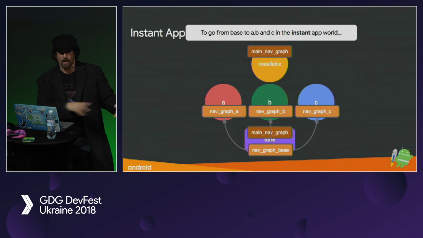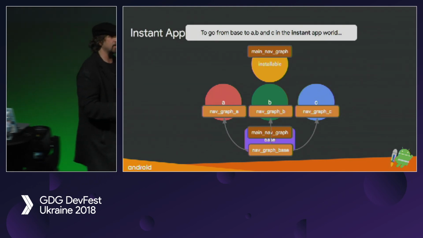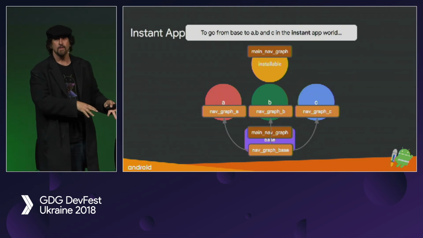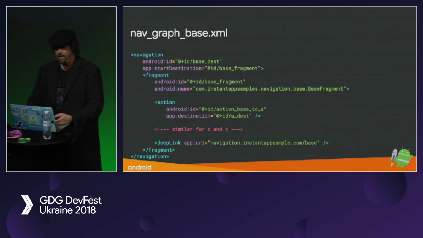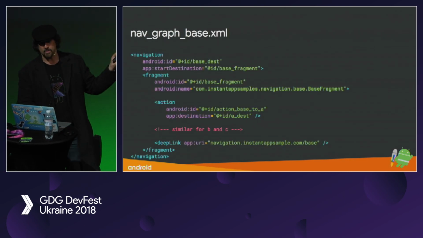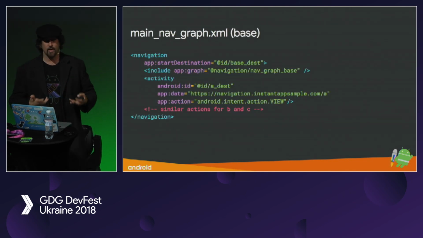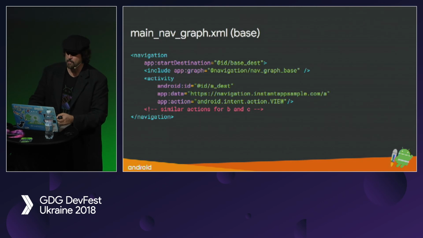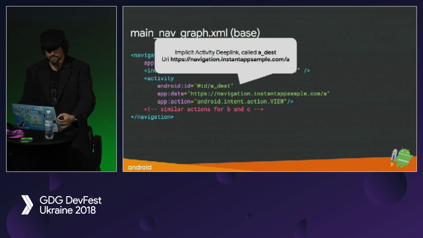Now, if you're in the instant app, what's great about this is that your code inside of your application actually remains the same. So it doesn't actually realize that it's working in a completely different way. So you still have this action saying to navigate to adest. That's all your code has to do. But in the nav graph, you actually change this to trigger that implicit activity deep link, going to the deep link in this URI.